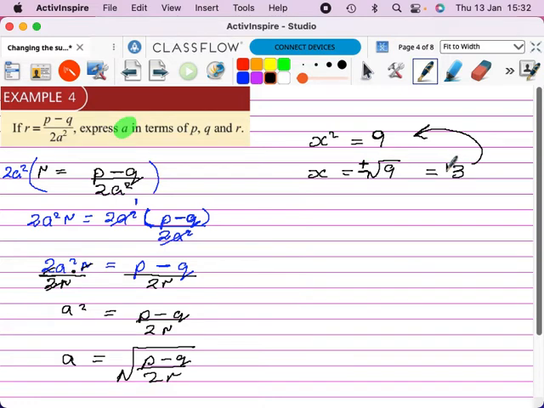So in actual fact, it could be plus or minus 3. Why? Because if you do plus 3 and square it, you get 9. You get back to your original. But also, if you do minus 3 squared, you also get back to 9, because a minus on a minus is a plus, and 3 on 3 is 9.